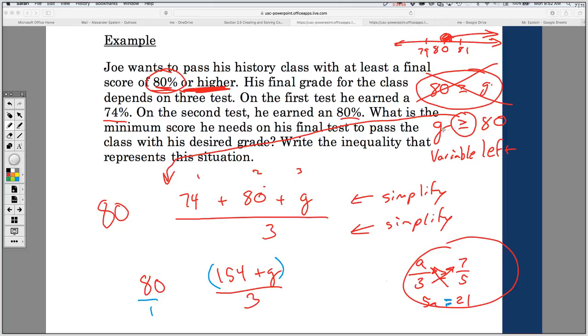I want to make sure that I didn't make the mistake again. All right, so now fraction equals fraction. You're going to cross multiply. 3 times 80 is 240. 1 times 154 plus g. Keep the same sign. 240 is 154 plus g. Subtract 154. In my head, I was already saying the answer. 86 less than or equal to g.